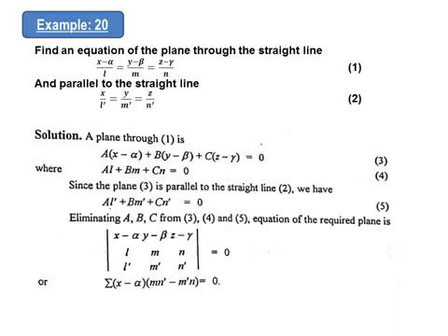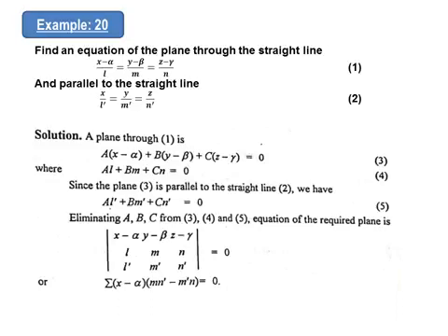Since the plane 3 is parallel to the straight line given in equation number 2, we have al' + bm' + cn' = 0. Eliminating the coefficients a, b, c from equations 3, 4 and 5, the required equation of the plane is given by solving the determinant with rows x - alpha, y - beta, z - gamma; from equation number 4 we have l, m, n; from equation number 5 we have l', m', n'.